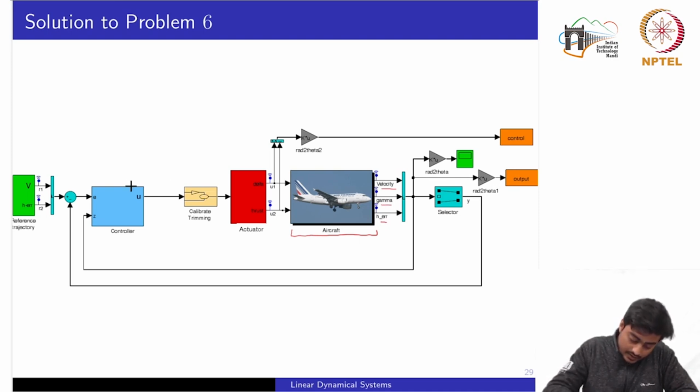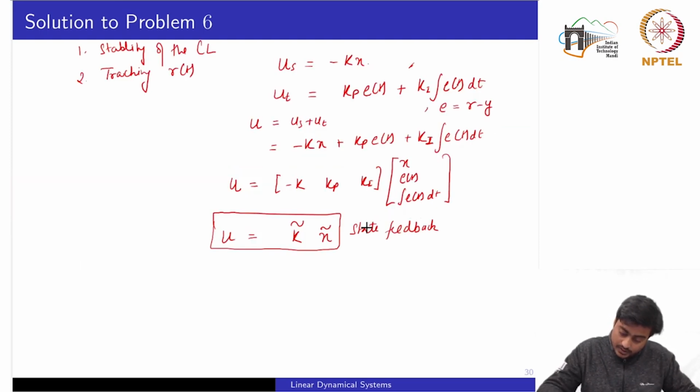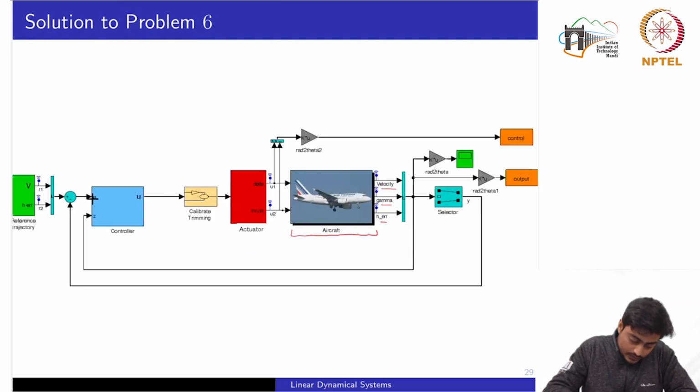Okay, and here we can place this entire controller as it is, where if you see that we require information of two things. One is the state, the original state of the plant, and also the error signal which is given by r minus y. Okay, so here we compute this error signal.